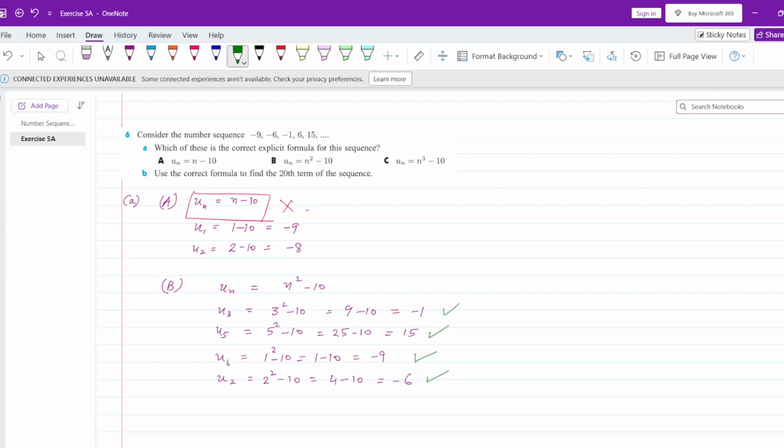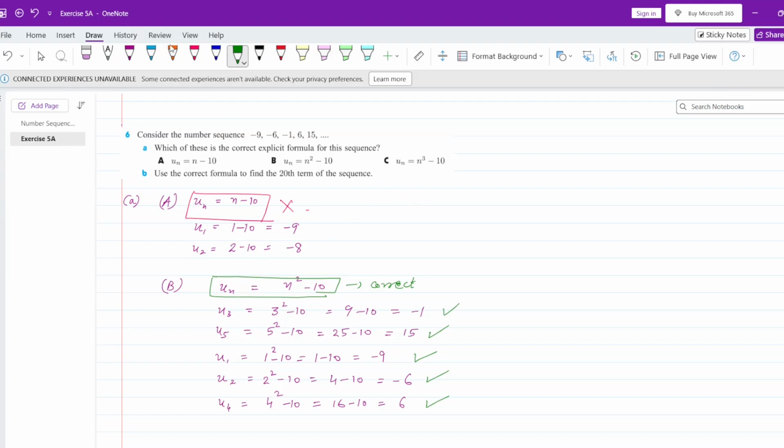So we have tried the first, second, third, and fifth terms. Let's try the fourth term as well. u4 comes out to be 4 square minus 10. That is 16 minus 10. That is 6. So the fourth term is 6. So this is also correct. Therefore, we can say this is correct, because all the terms of the sequence shown here are justified by this formula.